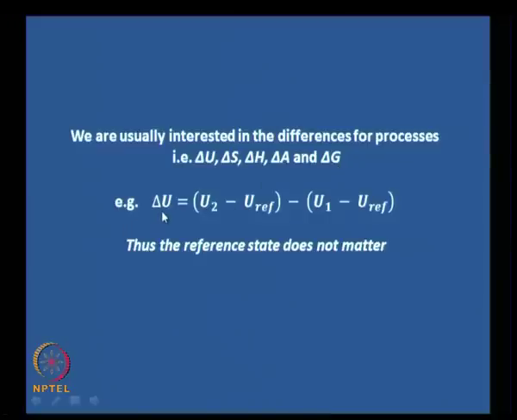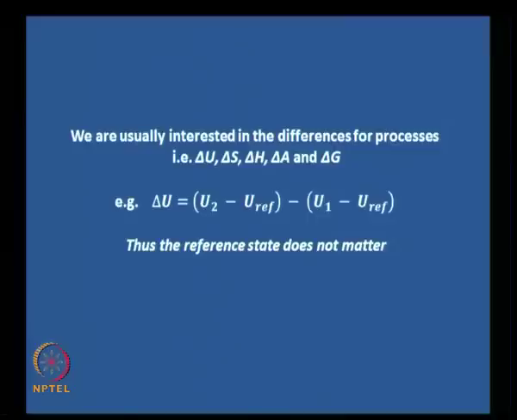Mathematically, for example, delta U is nothing but U2 minus U reference minus U1 minus U reference. Therefore, the U reference will cancel out whenever we are looking for delta U, and thus whatever we choose as a reference state will not really matter in the calculations.